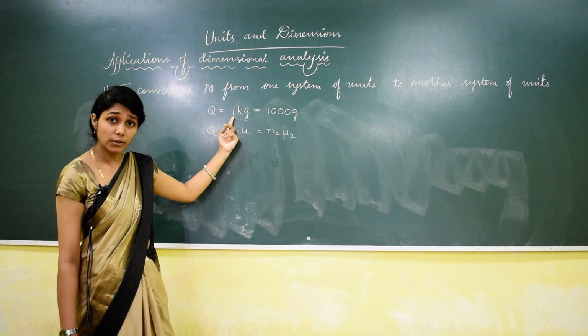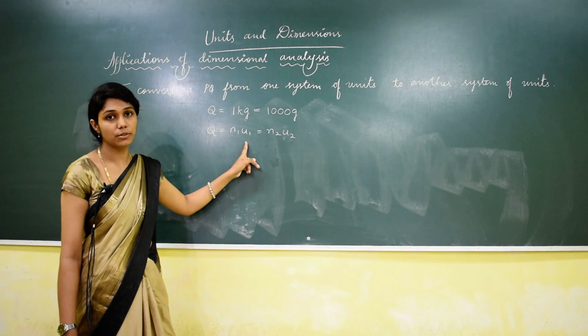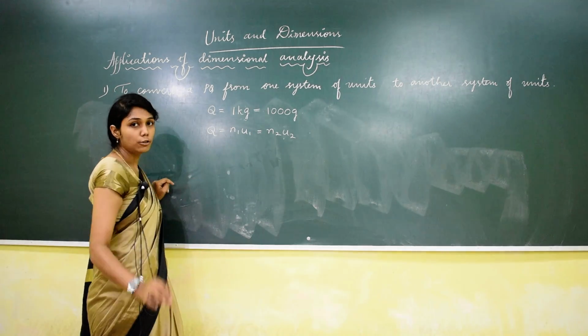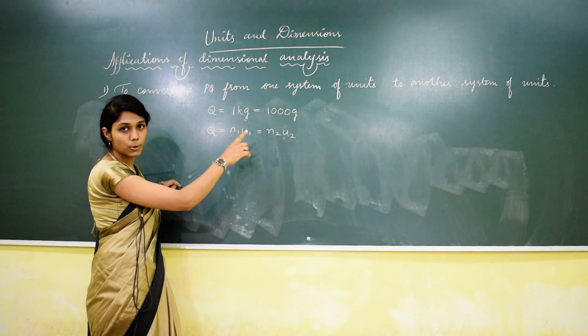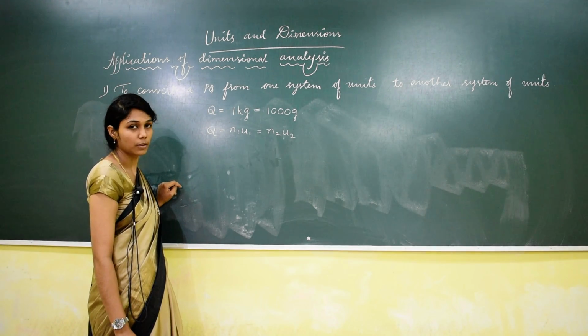Here numerical value is less but it will have large size of the unit. Okay, so N1 U1 is equal to N2 U2 ನೇ ಆಗಿರುತ್ತೆ. 1 kg is equal to 1000 ಗ್ರಾಮೇ ಆಗುತ್ತೆ ಅಂತಲೂ ಕೂಡ ಹೇಳಿದ್ದೀನಿ ನಿಮಗೆ ನಾನು ಅಲ್ವಾ.